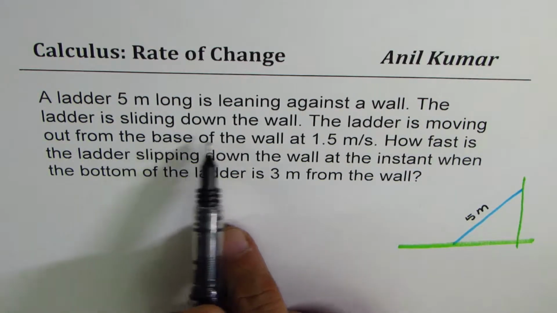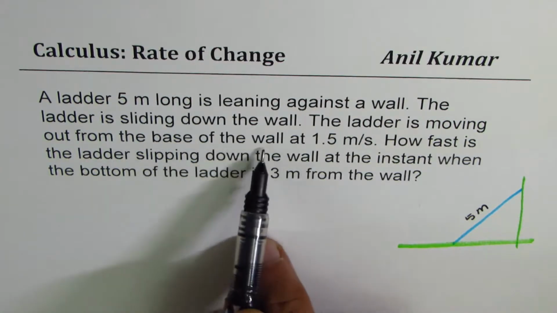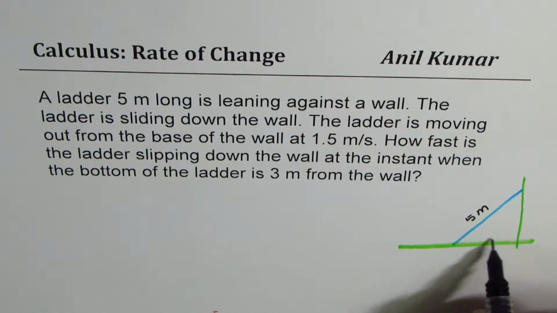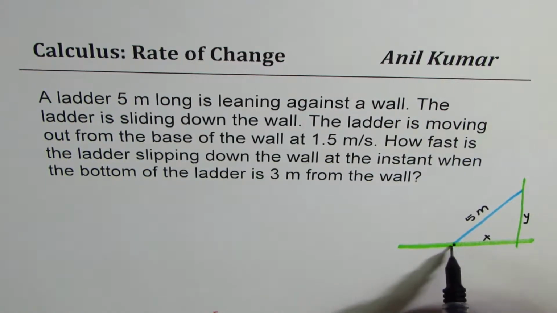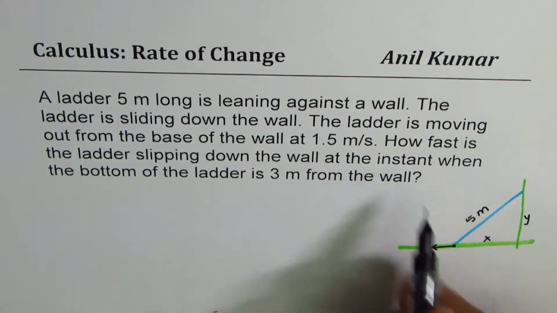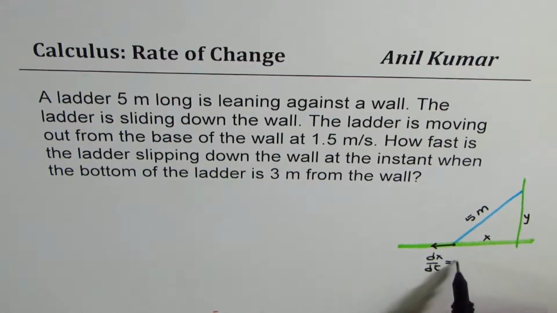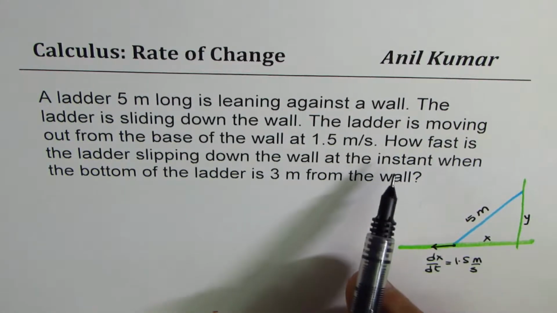The ladder is sliding down the wall. The ladder is moving out of the base of the wall at 1.5 meters per second. Let us say this is x and that is y for us. So when we say out at 1.5 meters per second, that means dx/dt equals 1.5 meters per second, correct?